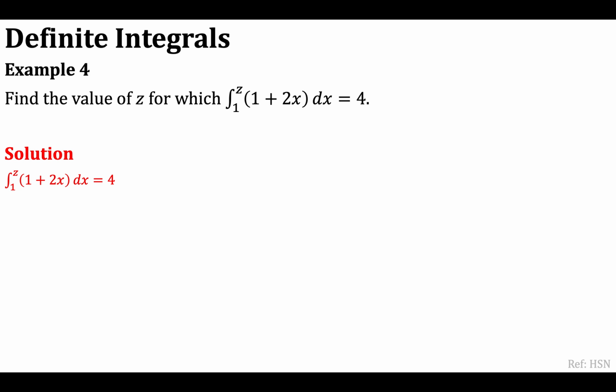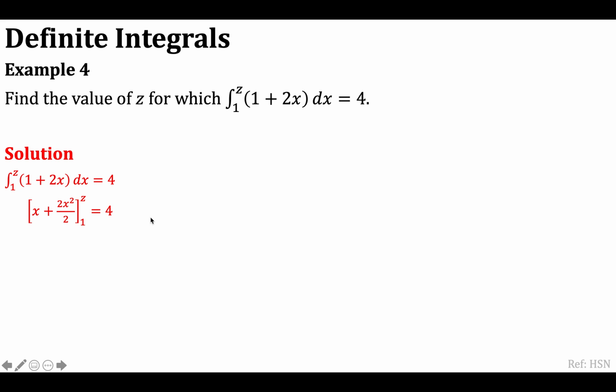So let's start off, we need the right hand side as well. So we're writing that fully, and we're going to start integrating the left hand side. So we get x plus 2x squared over 2, and we're substituting in z and 1 into that, or 1 and z rather, and we still know that that's equal to 4.